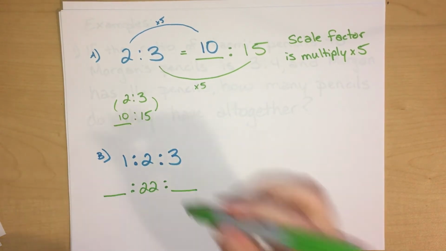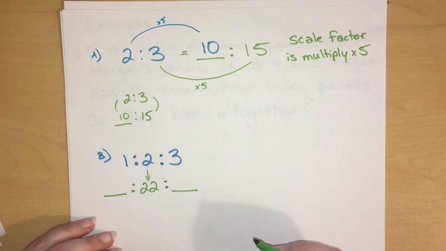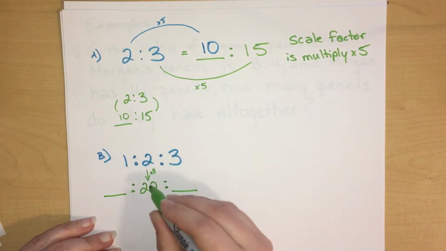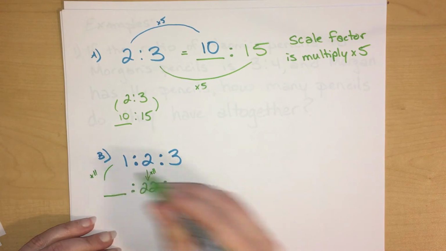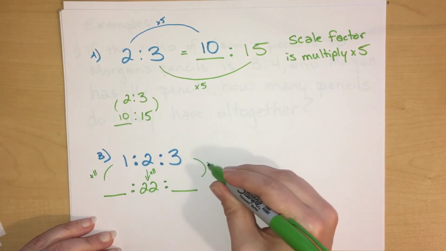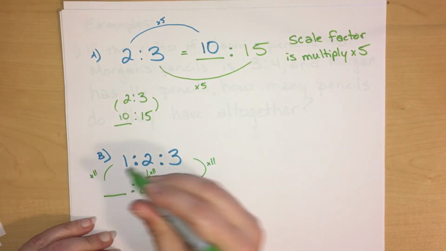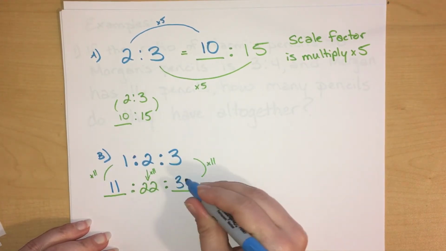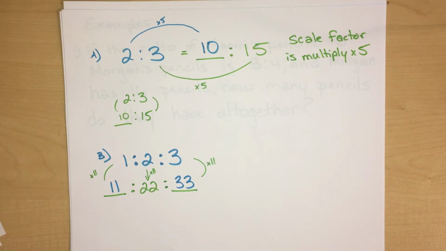How did I get from the 2 to the 22? I would have multiplied it by 11. What I do to there, I have to use the same scale factor for those other 2 parts. So that would be the 11, that would be the 33.